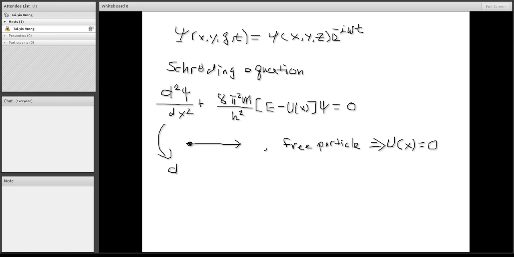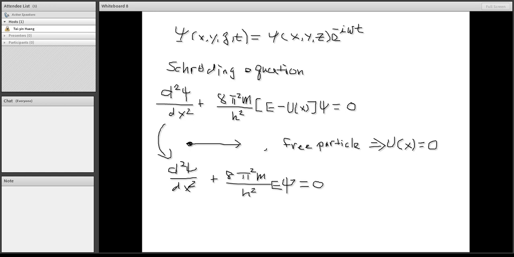In this case, the equation can be written as d squared psi dx squared, plus all the things in front of the brackets, 8 pi squared m over h squared, times the energy of the system, times the wave function, and there's no potential energy, and the whole thing is 0.